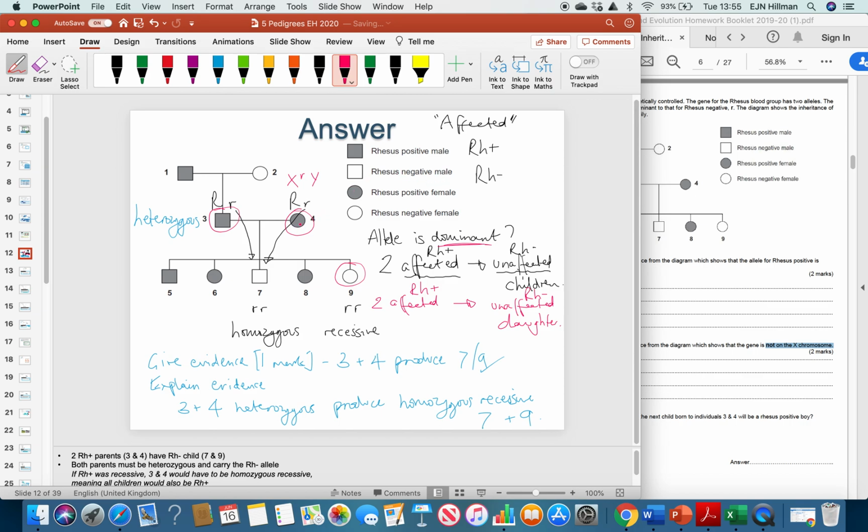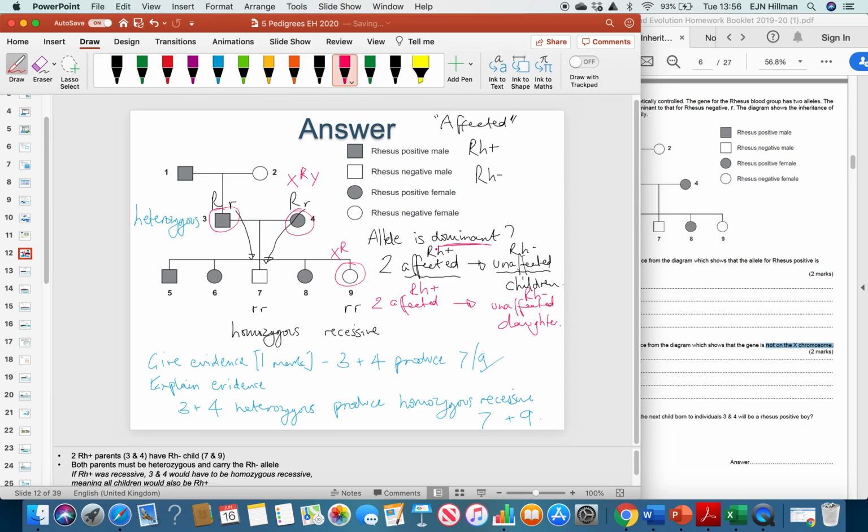Or if we think about that in a different way, we know that the father is rhesus positive. If it were sex-linked, he would have to have this X chromosome with the dominant allele. He would need to pass on that dominant allele to his daughter, and therefore she could not be homozygous recessive to be a rhesus negative female.